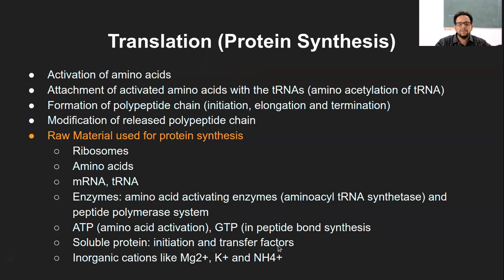Again, we will see what these factors are. These are certain protein molecules which are required for very specific actions while translation is happening. And then inorganic cations like magnesium, potassium, and ammonium ions. So that is the requirement of the translation process.